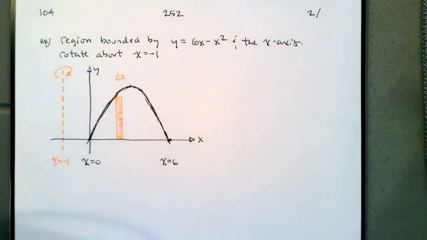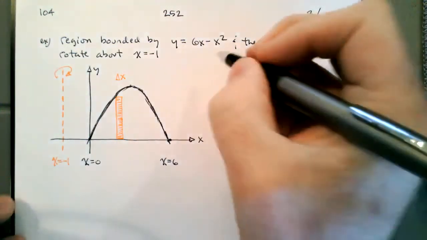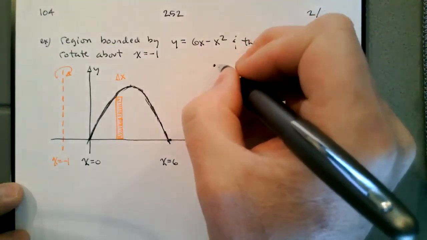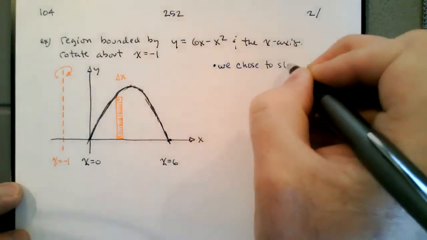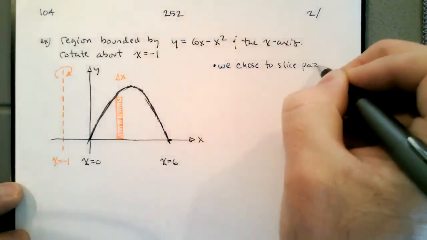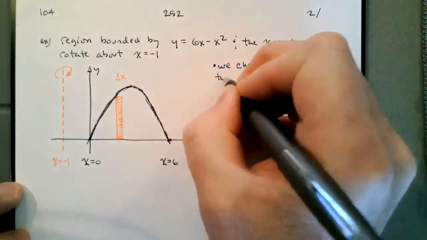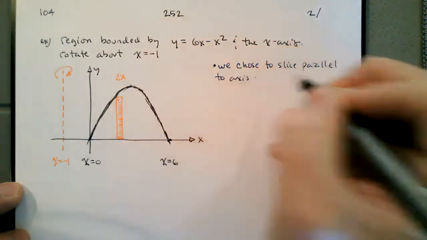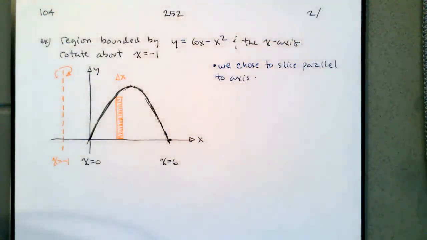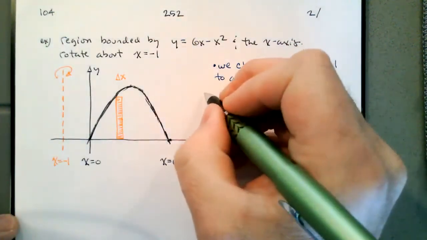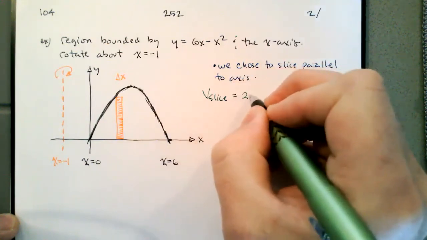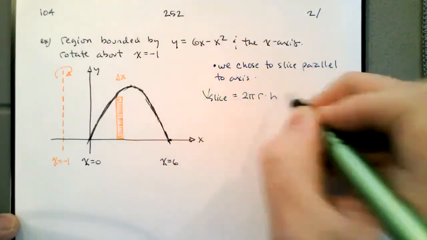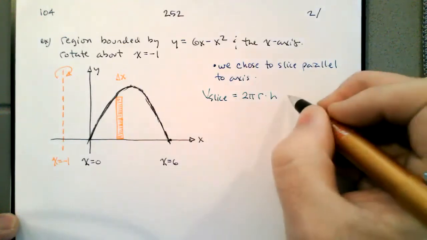Once we decide to slice parallel to the axis, we can immediately write down the volume of the slice. Volume of the slice will be 2 pi times the radius times the height times the delta variable, which in this case is delta x.